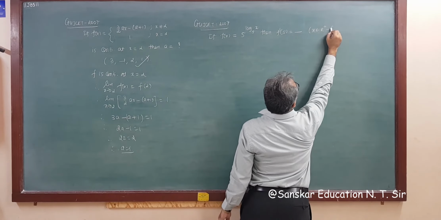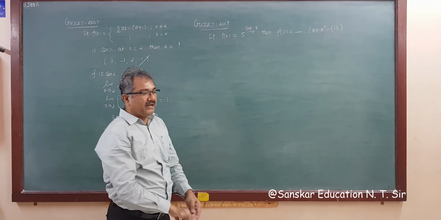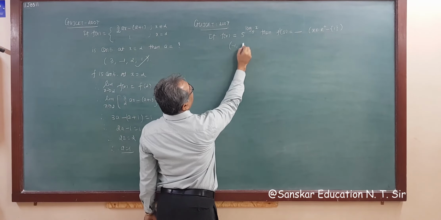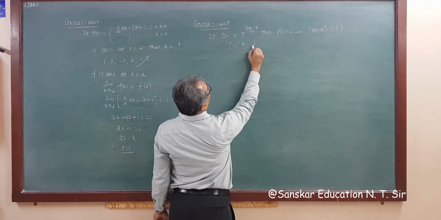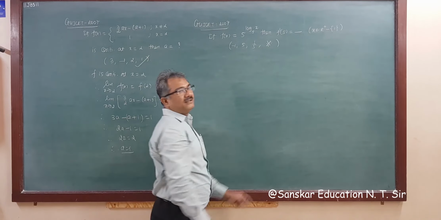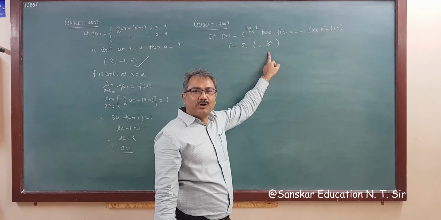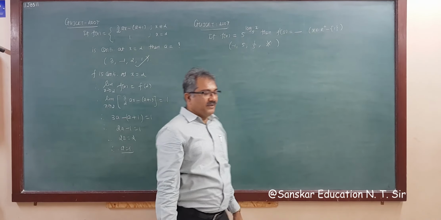This is given, right, and the options are -1, 5, 1 upon 5, and none of these. I am writing this for none of these, so I am not writing none of these fully.